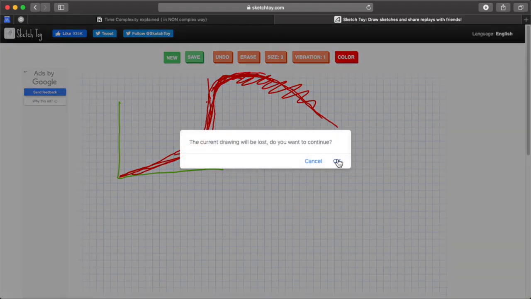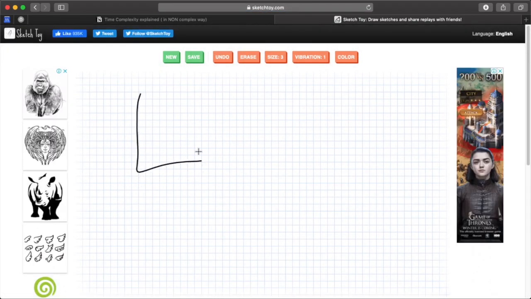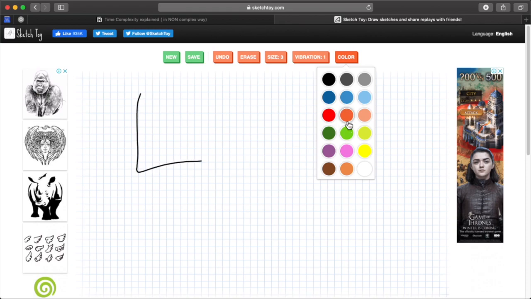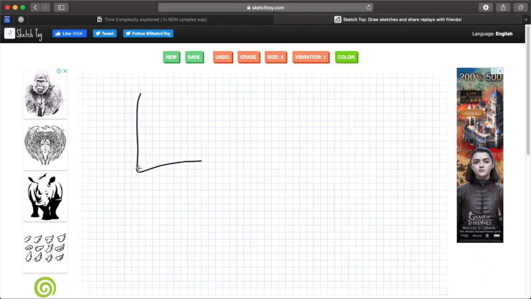Since the logarithmic function is the inverse of the exponential function, it's not like this, it's sort of like this, as I've mentioned before.